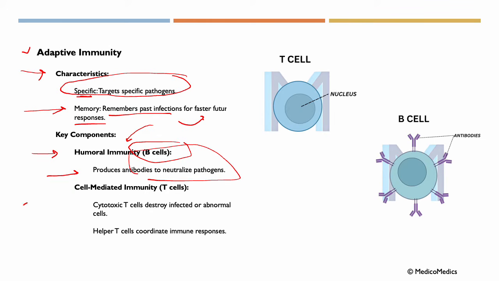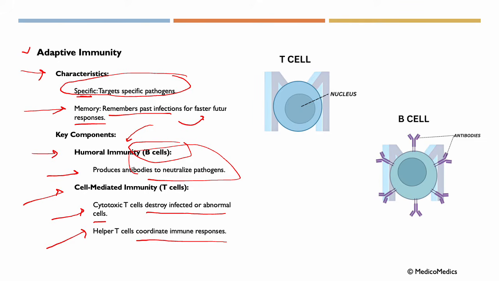And we also have our cell-mediated immunity, characterized by our T lymphocytes, T cells. We have here cytotoxic T cells that destroy infected and abnormal cells, and we have helper T cells that coordinate immune responses.